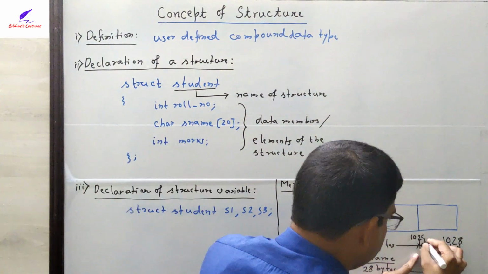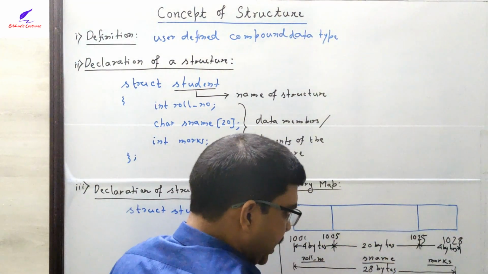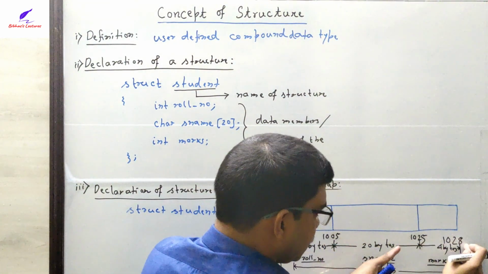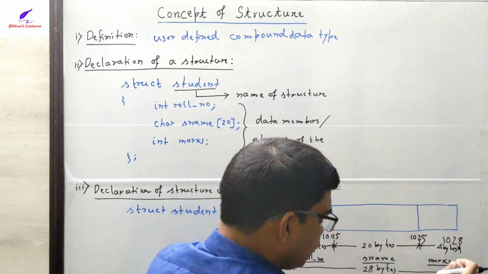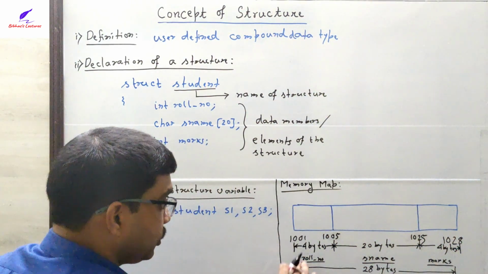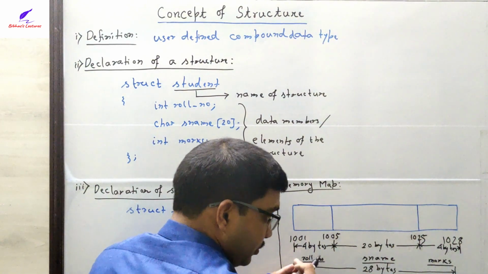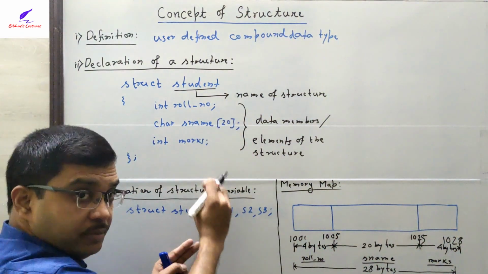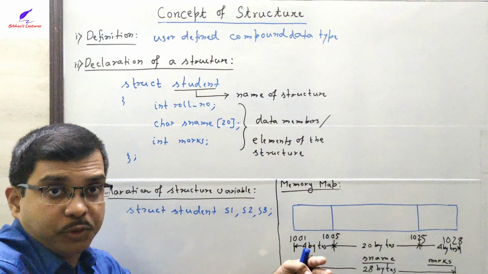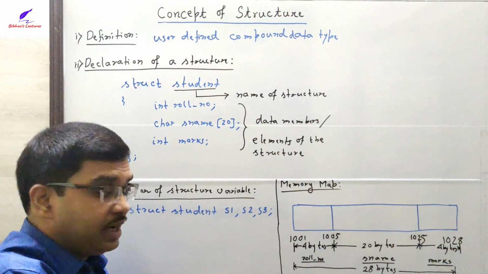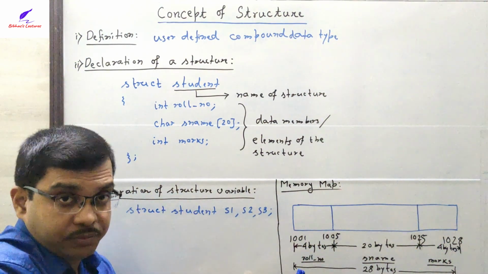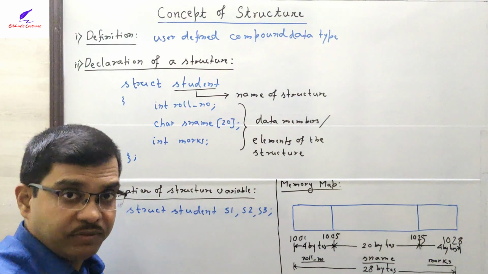And the last 4 bytes, from 1025 to 1028, will be reserved for the marks. So the structure elements will take consecutive memory. In a contiguous way the memory will be reserved for each and every individual variable.